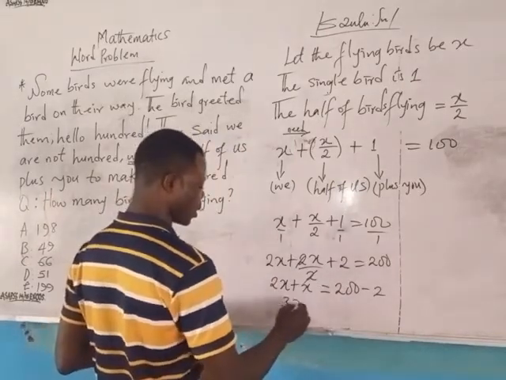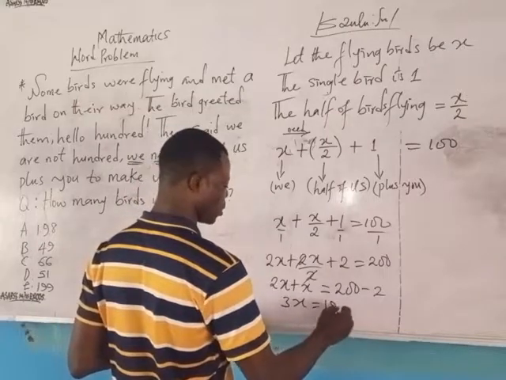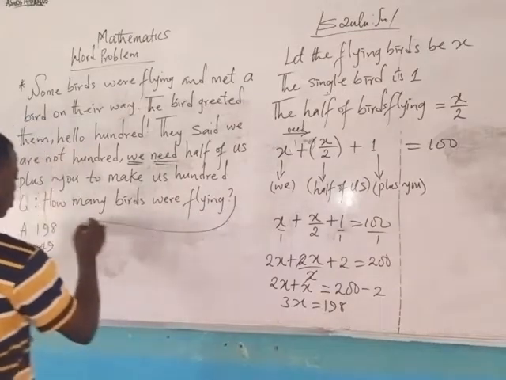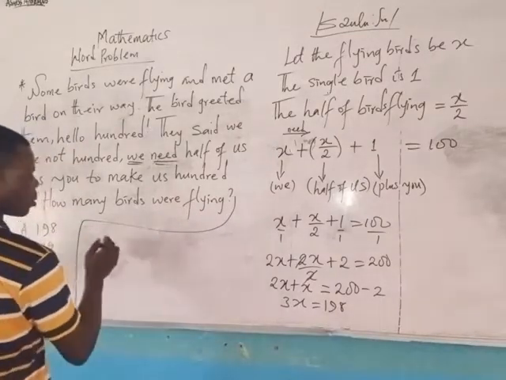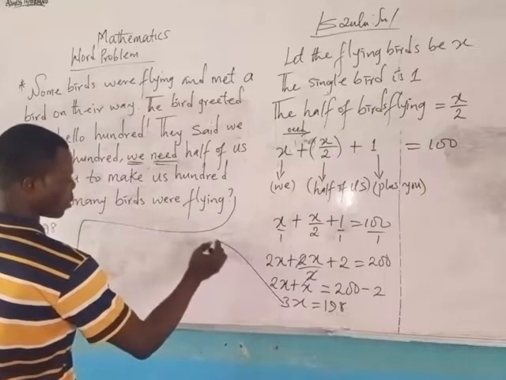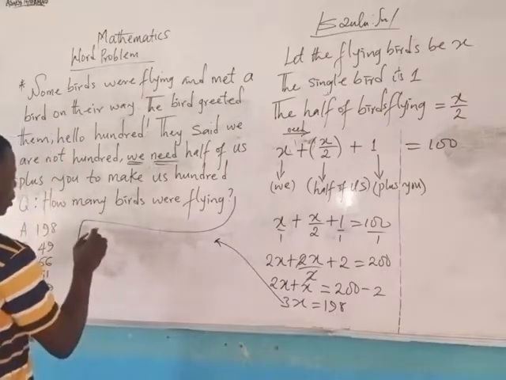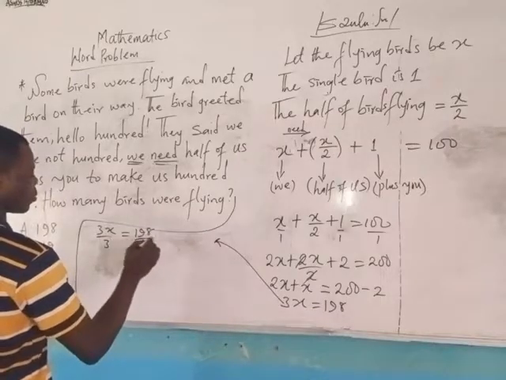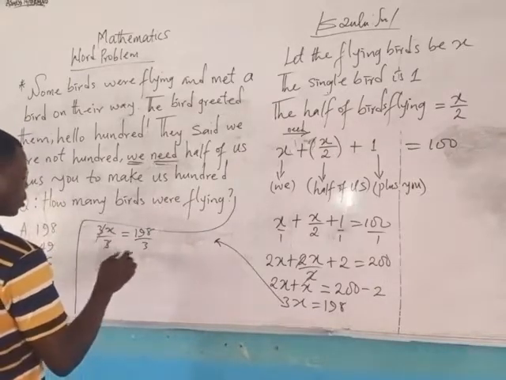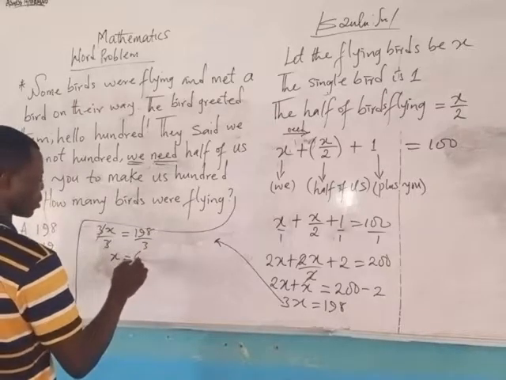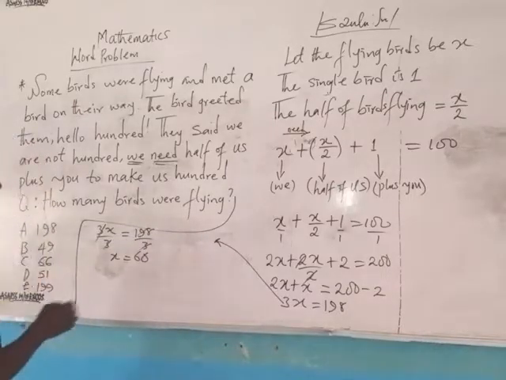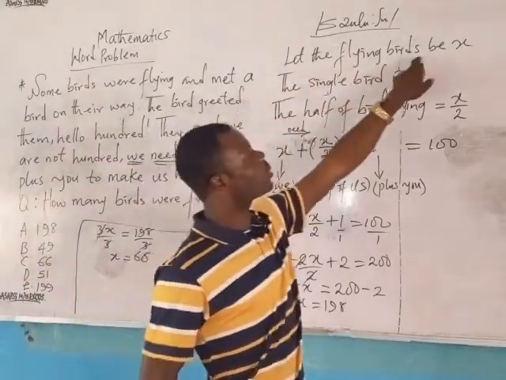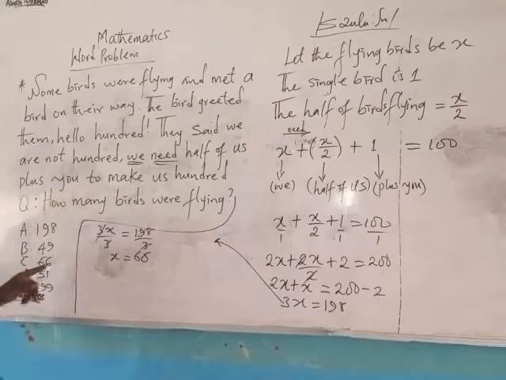So this is 3x equal to 198. We can now say 3x over 3 equal to 198 over 3. This cancels this. So x equal to 66. So the flying birds is now 66.